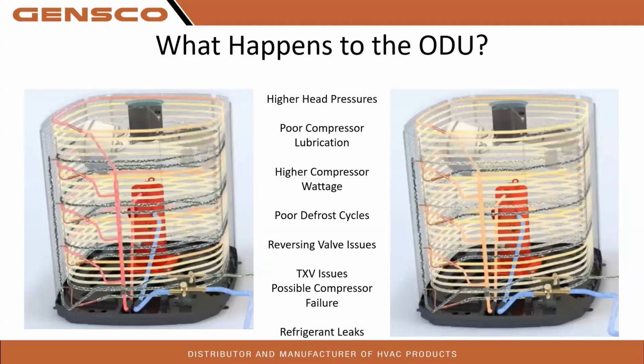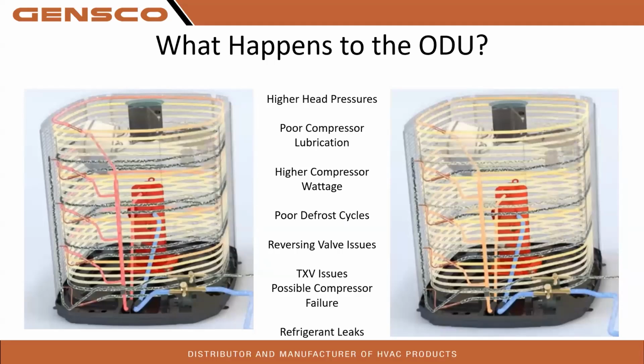If you've ever gotten the 18405 error codes on variable speed units, that's what that is. The compressor is running at a much higher wattage than it's supposed to. Is that airflow? Is that refrigerant? Has the compressor just started to have poor windings and its ohm values are much higher than they're supposed to be because the drive is now seeing that the wattage on that unit is much higher?